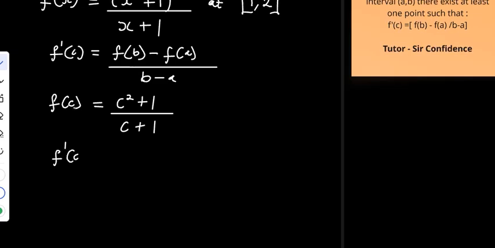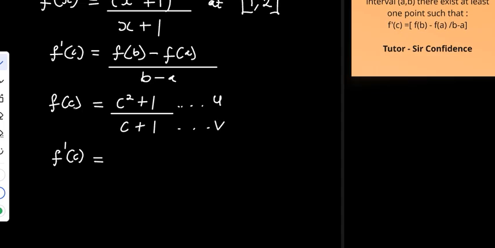Now the next thing to do is to find f prime of c. f prime of c is simply the first derivative of the function f of c. This is a rational function, so we're going to be using the quotient rule of differentiation. We call the numerator u and the denominator v.